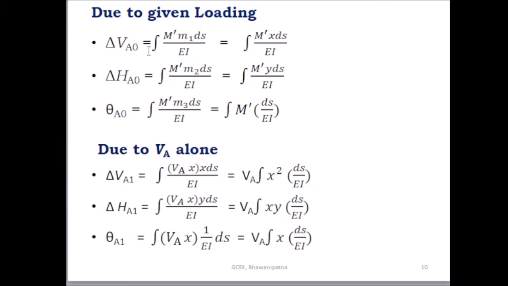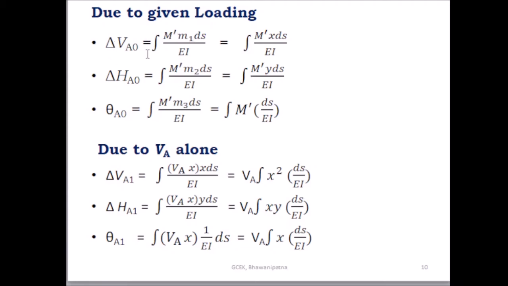This is delta VA0, this is delta HA0, and the rotational displacement due to the given loading is theta A0. So for delta VA0, as you know from the unit load method, this is the moment due to the given loading, and this is the unit load present in the vertical direction at the support A, m1.